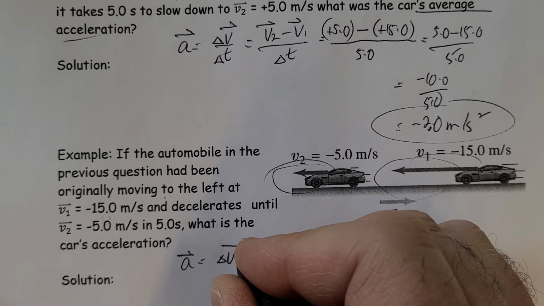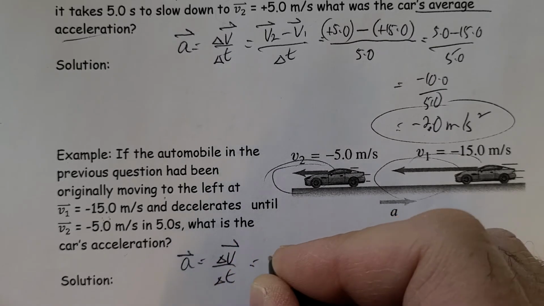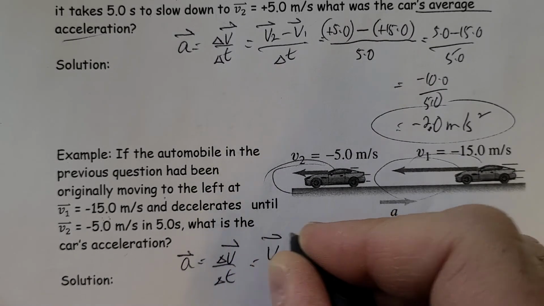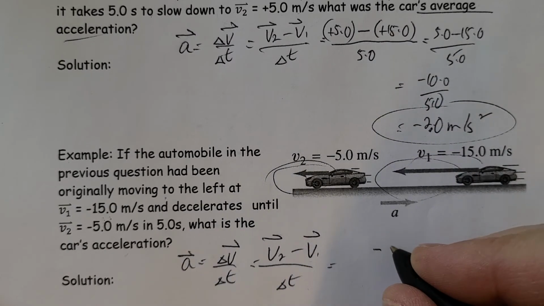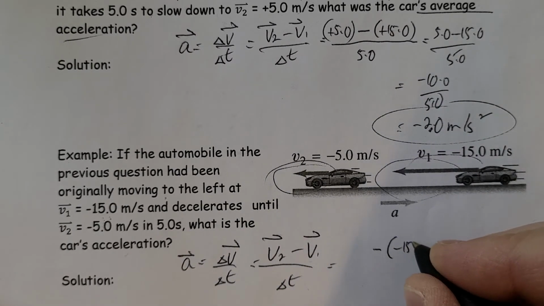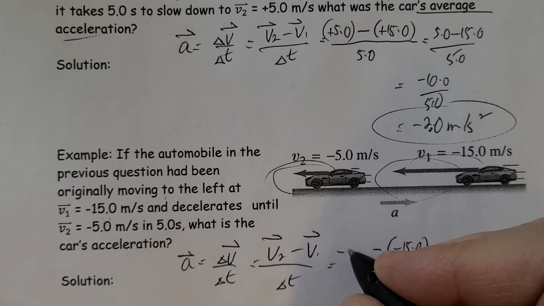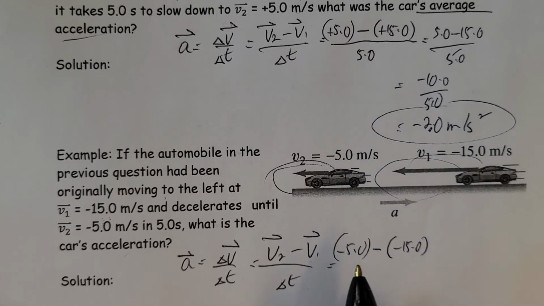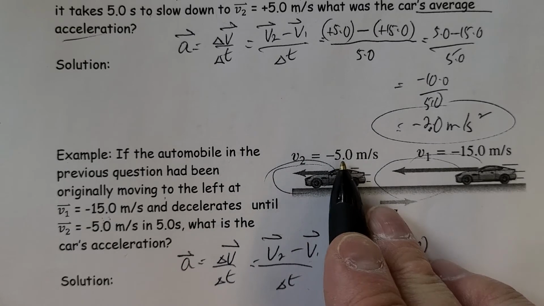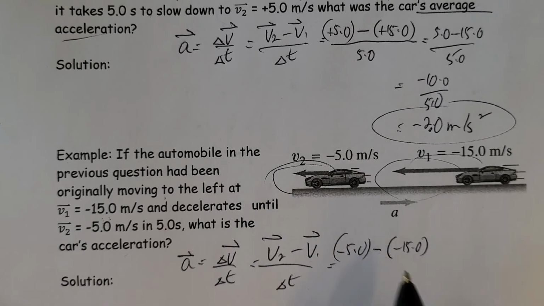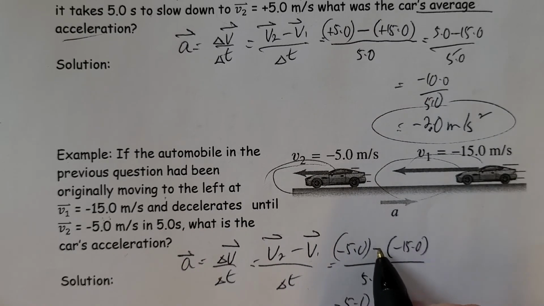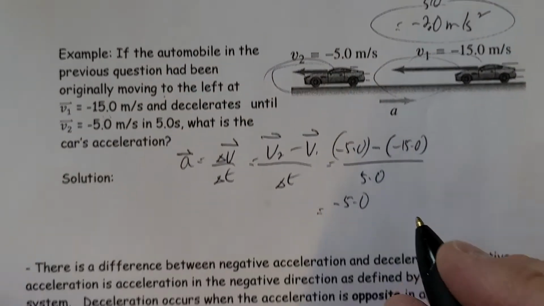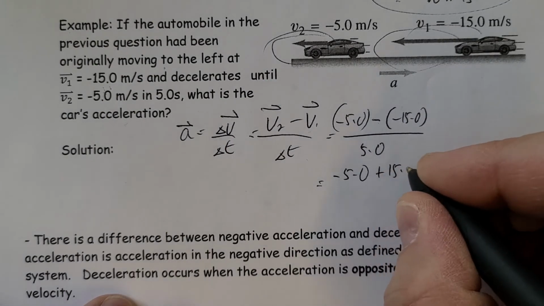So you can see it's going to be kind of vice versa here, right? So v2 minus v1 over t2. Initially we were going negative 15, but now we're going negative 5. So notice final velocity, negative 5, subtract my initial velocity. This will happen in 5 seconds. So negative 5, and subtracting a negative is the same thing as having a positive.